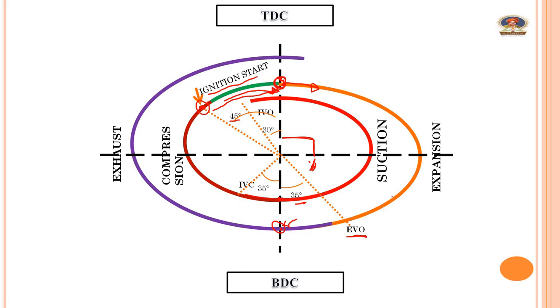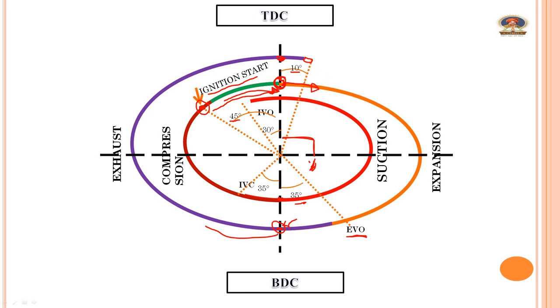After that, the exhaust stroke will start. In this, when the piston moves from BDC to TDC, the remaining burnt gases are forcefully exhausted from the engine, and the exhaust valve will remain open 10 degrees after the completion of the exhaust stroke. That means when the piston is at TDC, the exhaust port will remain open 10 degrees after the completion of the exhaust stroke.